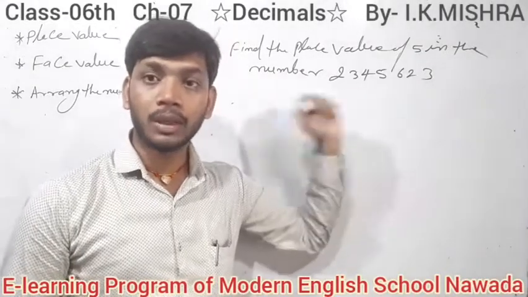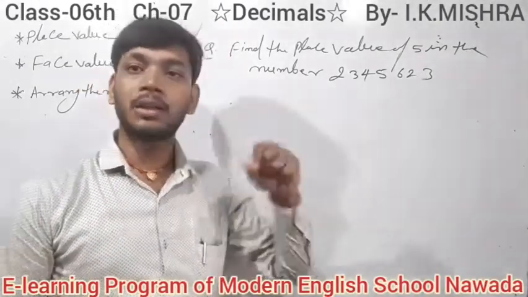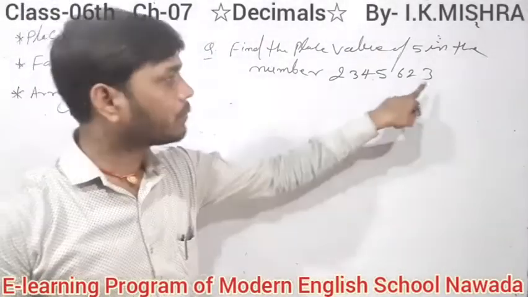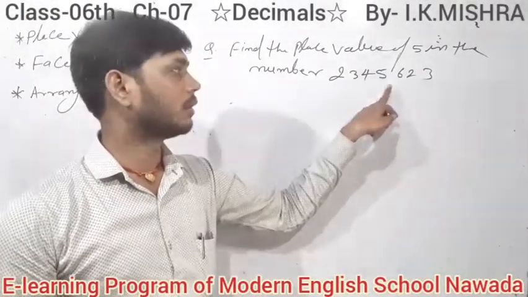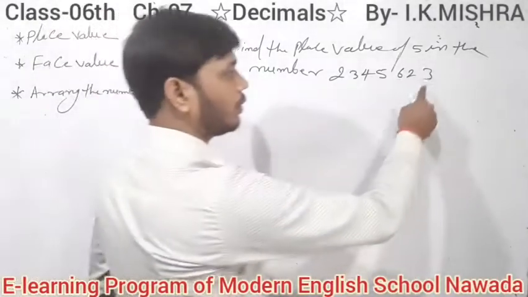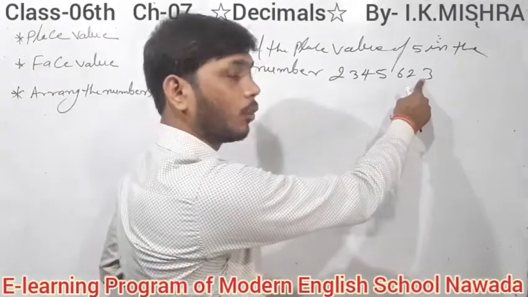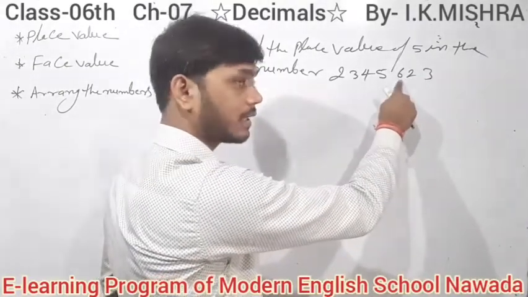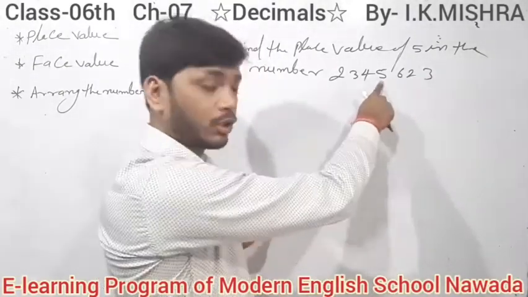How will you find the place value? Place value means in which place the 5 is situated. That means here it's the ones place, tens place, hundreds place, and this is the thousands place.